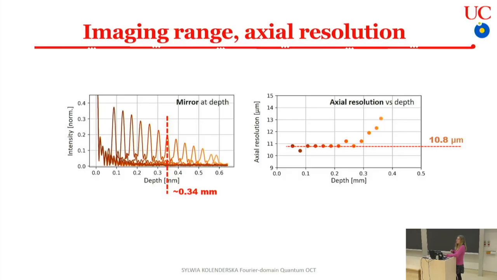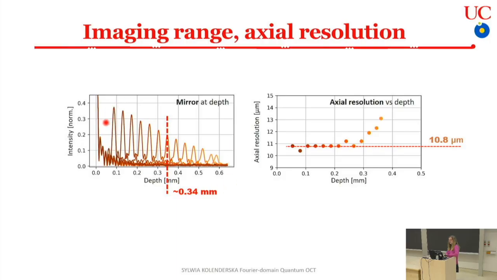By changing the time delay in the interferometer, so basically shortening or extending the reference arm length, we can acquire these different joint spectra, and we calculate them to A-scans.